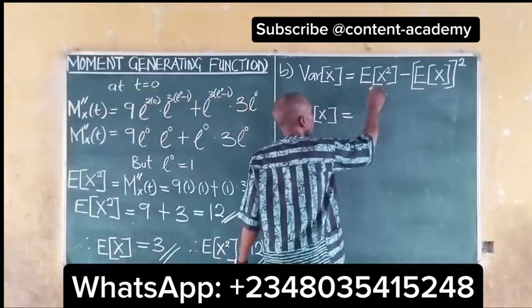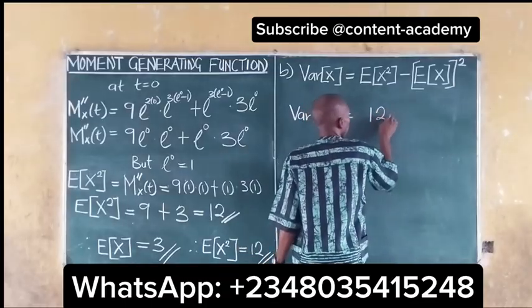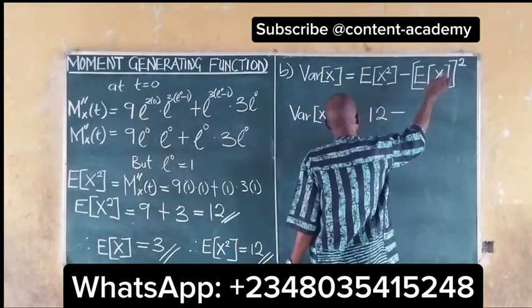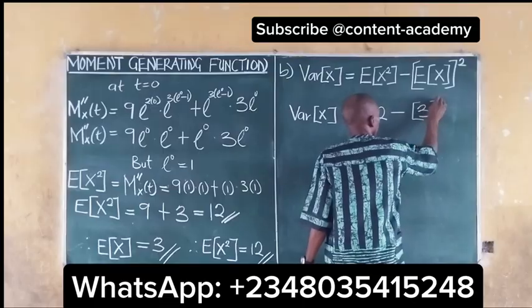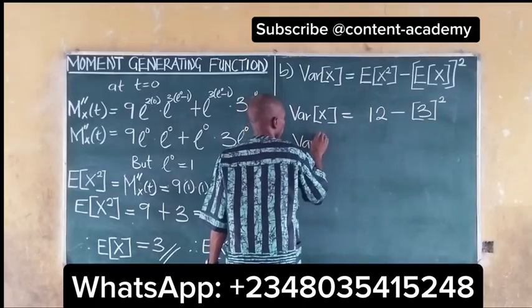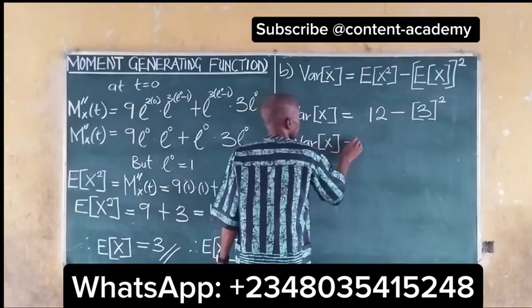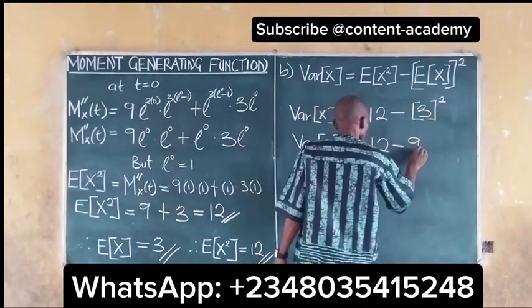So we have the expected value of x squared to be 12, minus the expected value of x, which is 3, all squared. So our variance of x is equal to 12 minus 3 multiplied by 3, which is 9.